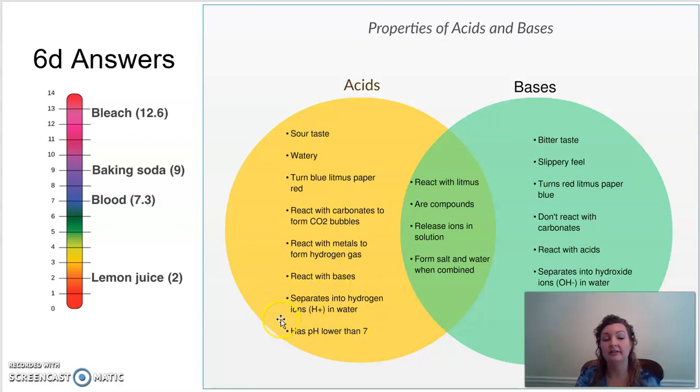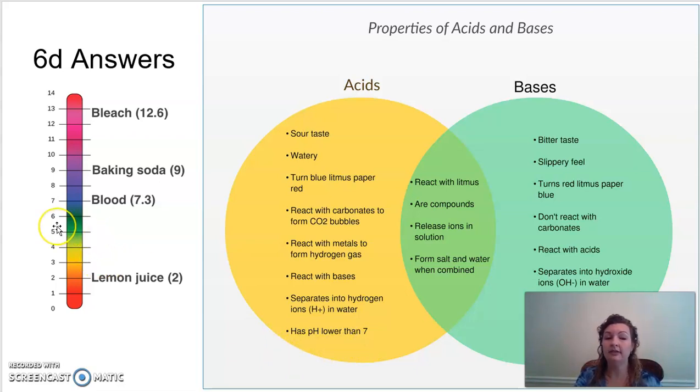All right, so it does separate out, and it will release H+ ions, so cations in the form of hydrogen, out into your solution, and that does make it acidic. The more of those H+ it's releasing, the more and more acidic it is, and it has a pH lower than 7.